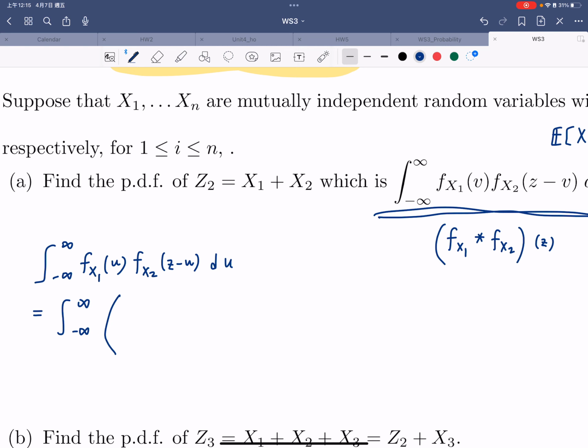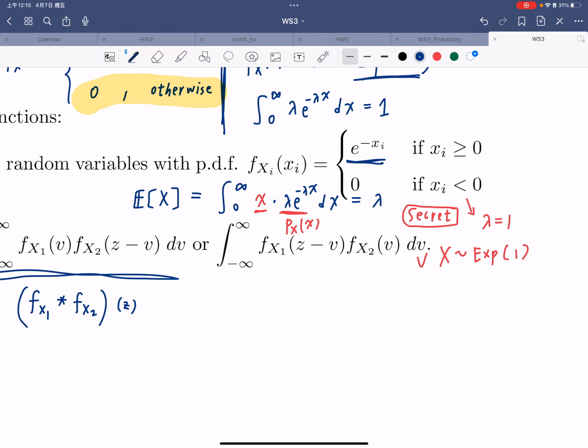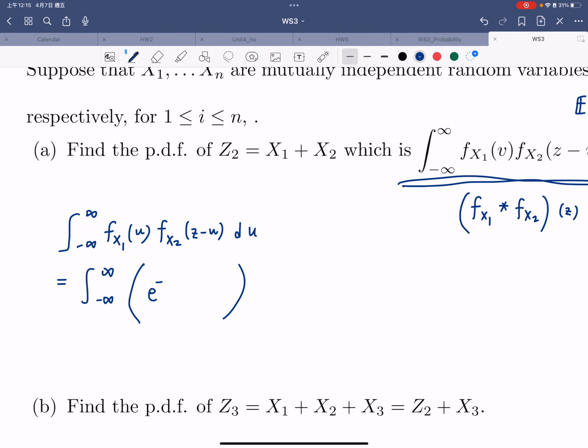So fx1 is, see here, exponential to the negative x. And be careful, you can directly use x greater than 0 here, for fear that you forget it. So remember x is greater than 0 in this case.